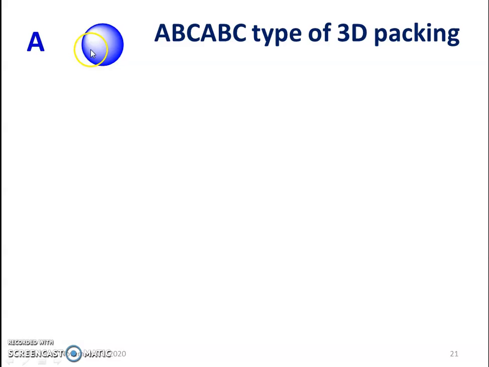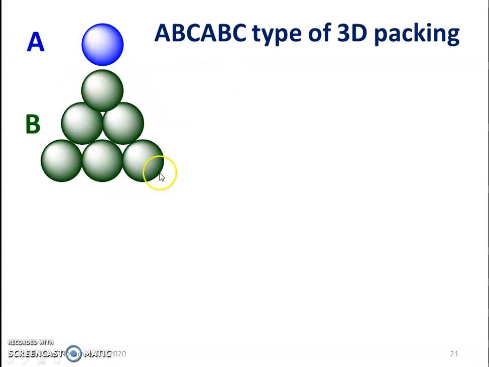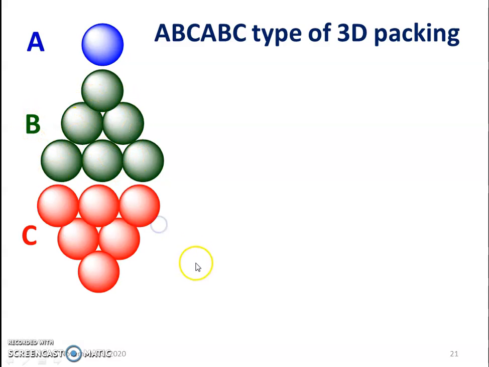Now suppose this is one sphere of the A type of layer. These are the spheres of the B type of layer. These are the spheres from the C type of layer.